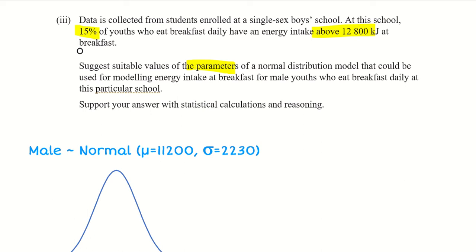When I'm talking about a normal distribution, the parameters of normal are the mean and the standard deviation. This is the distribution we had previously been given, and I'm going to use this in a couple of ways. We need to use this information of 12,800 and the 15%, and suggest a possible model.